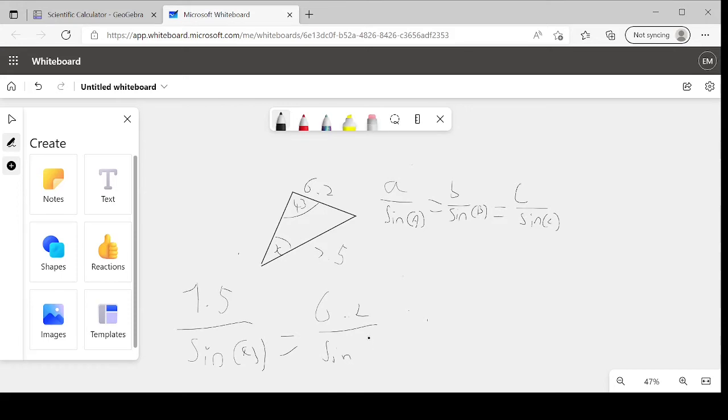Now obviously, to calculate our unknown, we're going to want to have x on its own. So the first thing we're going to want to do is flip these fractions. Now this does work. For example, if you have 1 over 2 equals 2 over 4, we can flip these fractions to get that 2 over 1 equals 4 over 2.